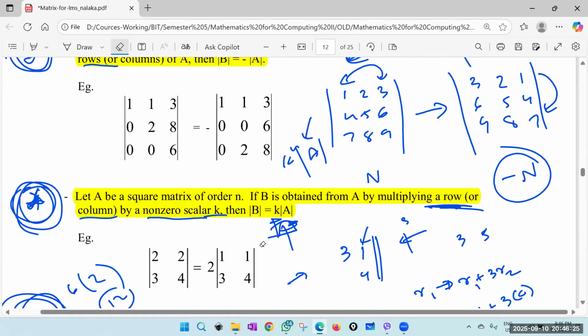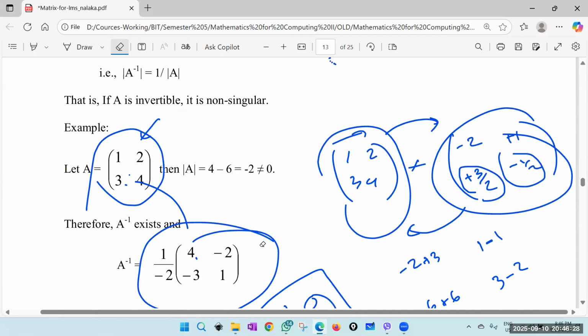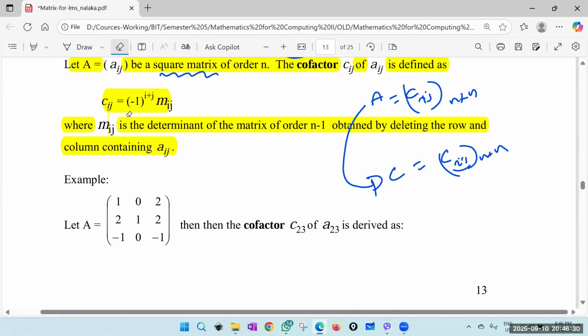That is why we have minus 1 to the power i plus j. Rather than saying when i plus j is even it's positive and when i plus j is odd it's negative, in a mathematical sense we can say minus 1 to the power i plus j, because this is always either plus 1 or minus 1.